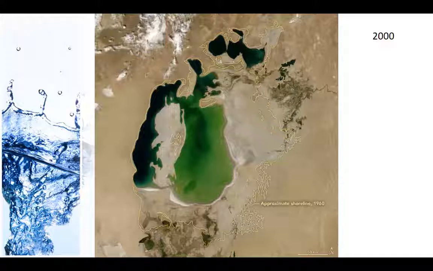So in the 40 years between 1960 and 2000, you have already seen a decline of that body of water, due to human use, withdrawals from that system, and due to things like climate change. So let's step through time.